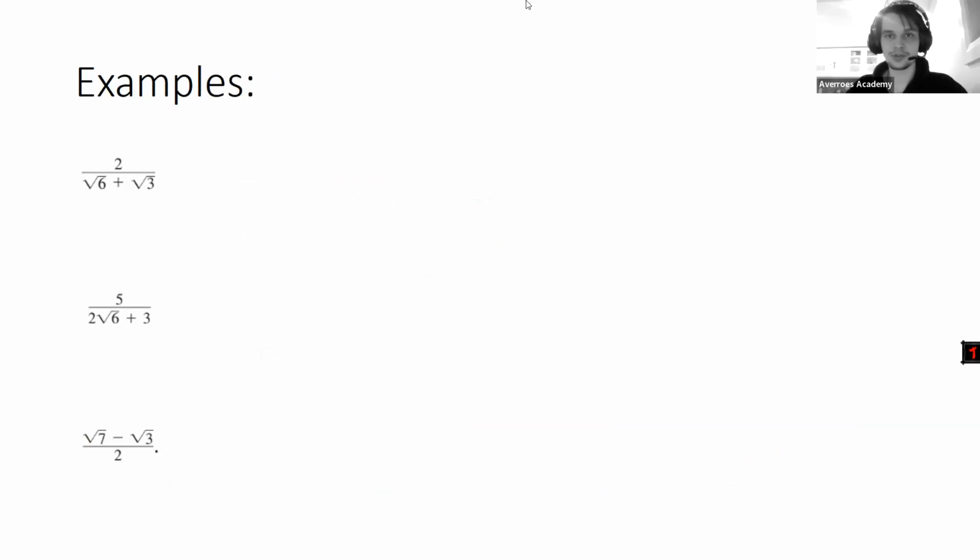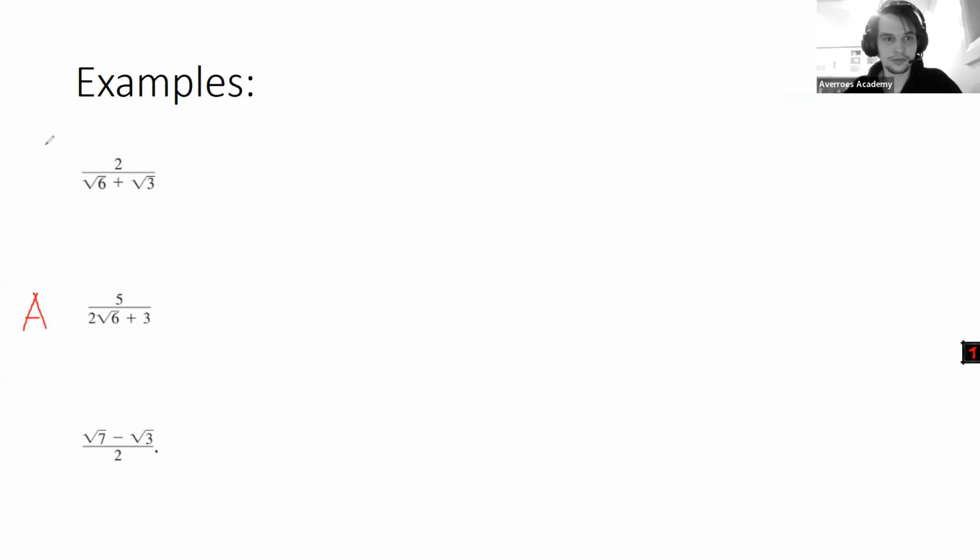Here are some examples. Yusuf, Alan, choose 1, 2, or 3 for yourself and try to solve it. I'm going to pick the last one. Which one do you prefer? The second one. Second one, okay. This is for Alan, right?